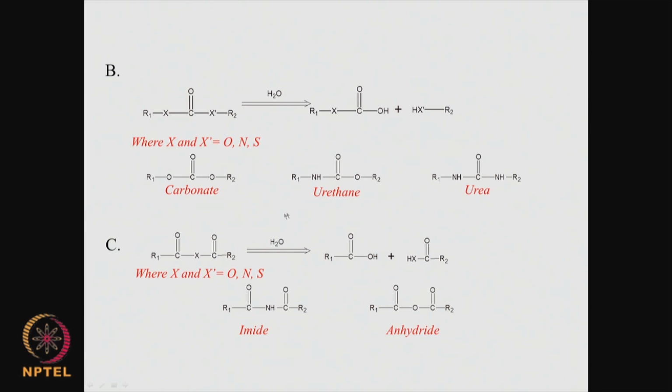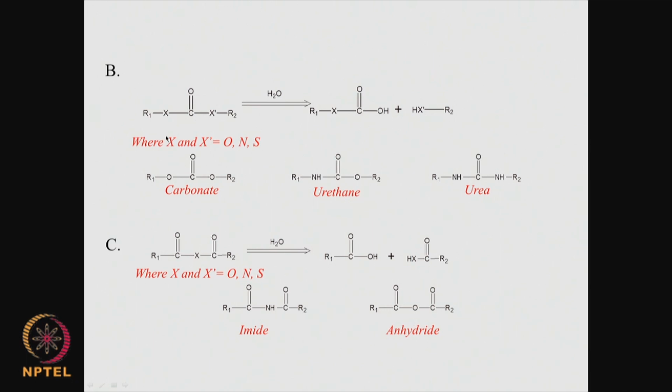Or we can have other situations like imide and anhydride, they can degrade much faster. So we have C double bond O connected by O to another C double bond O, or C double bond O connected by nitrogen to another C double bond O, or C double bond O connected by S to another C double bond O. So they can also hydrolyze to form acid and an ester like this. Imide is an example, anhydride is an example.